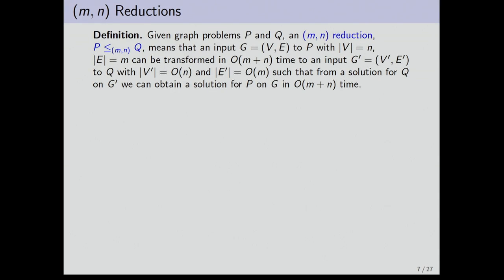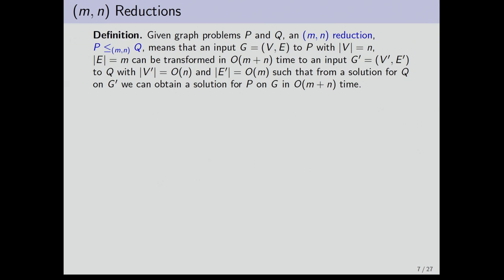Okay, so Mn reductions, these are fairly strong reductions, and they work for our class of problems. We could have defined weaker reductions and still got the desired result that improvements below Mn would imply improvements for min-weight cycle.